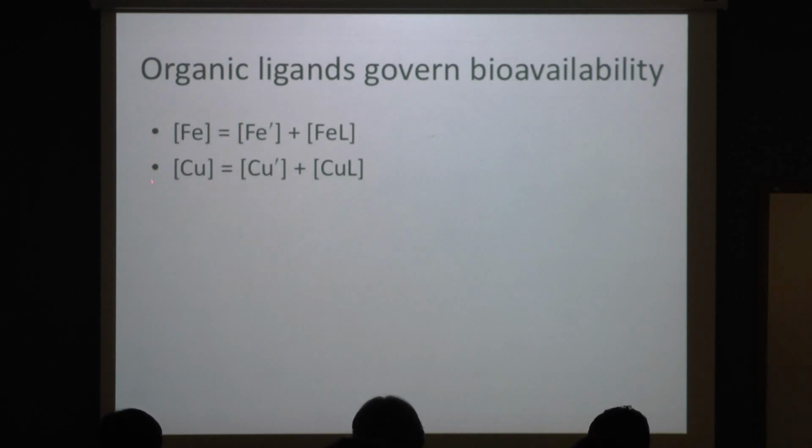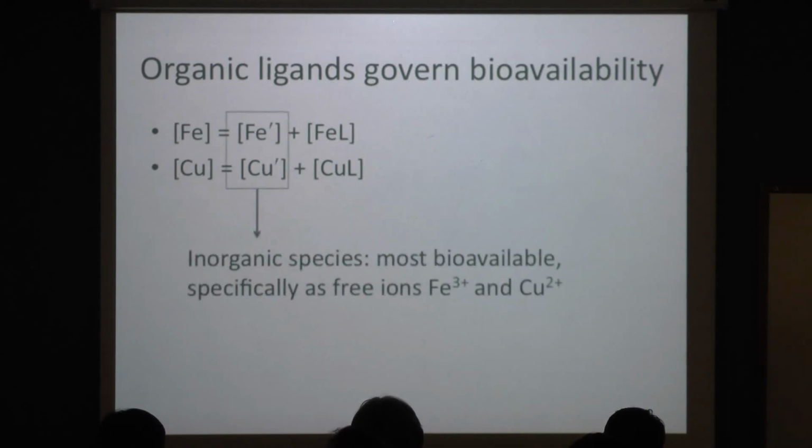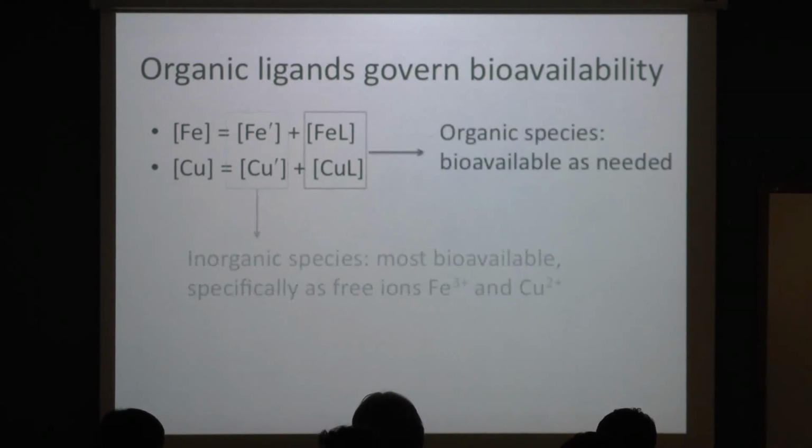The total dissolved concentration of iron and copper in seawater is a sum of the inorganic species, noted collectively here as iron prime or copper prime, and the organic species, the iron L or copper L. Now, the inorganic species, these are the most bioavailable, and specifically as the free hydrated ions. You saw that in that copper toxicity diagram. So these are really important for bioavailability, but they tend to be very, very low in seawater because more than 99% of iron and copper are present as these organic ligands, and that is not happenstance.